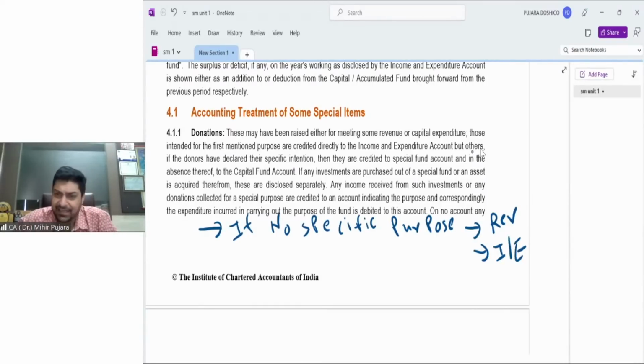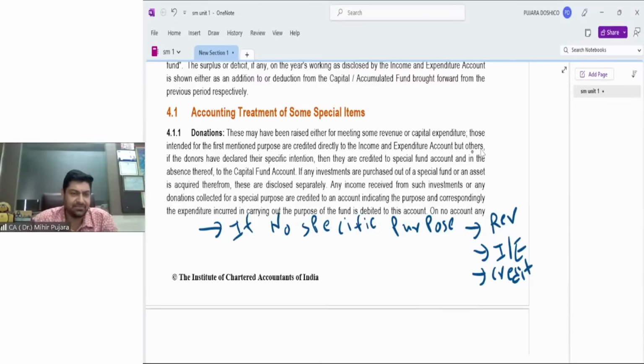Please write clearly: if donation has no specific purpose, it is a revenue income and it will be on the credit side of INE. It's an income, right?